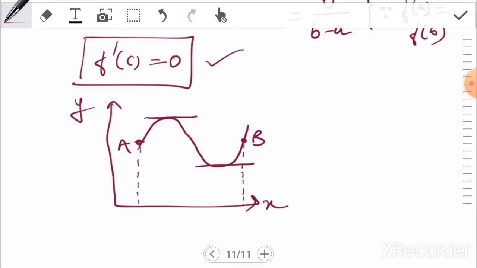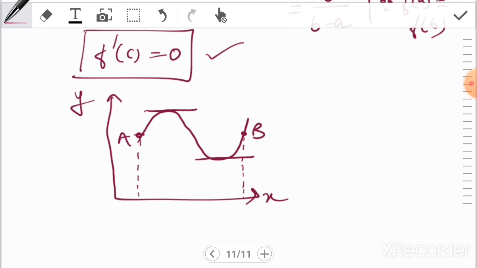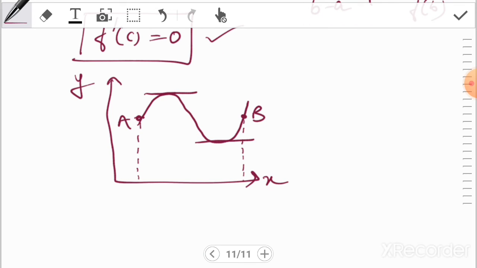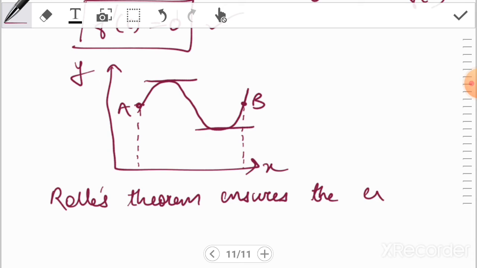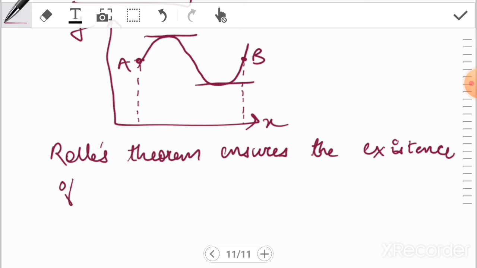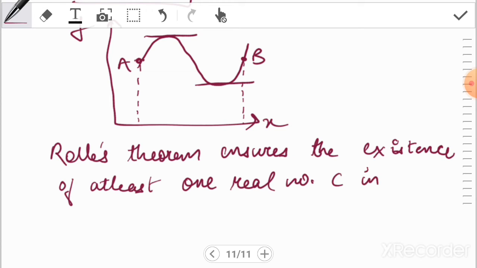So that means Rolle's theorem ensures the existence of at least one real number c in the open interval (a, b) such that f'(c) is 0.